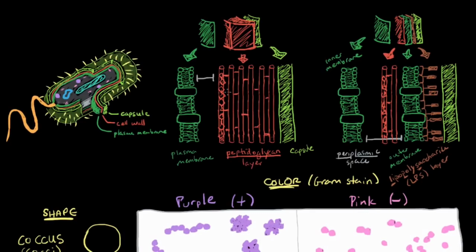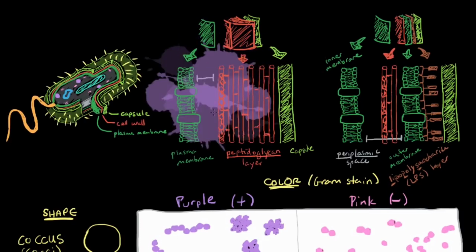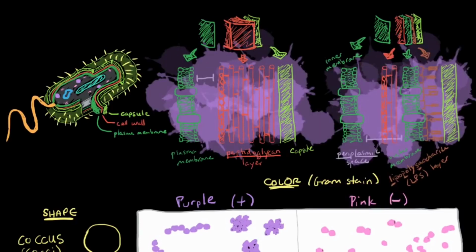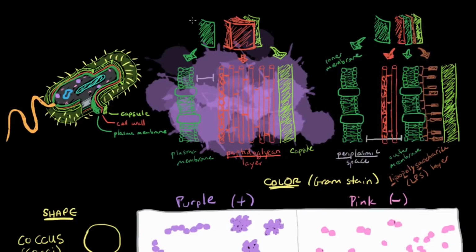So now we can think about why this one shows purple and this one pink. In the gram stain, you first stain the bacteria, which stains the whole thing purple, and then you wash it off. Because the gram negative bacteria has a very thin peptidoglycan layer in its cell wall, it washes right off.